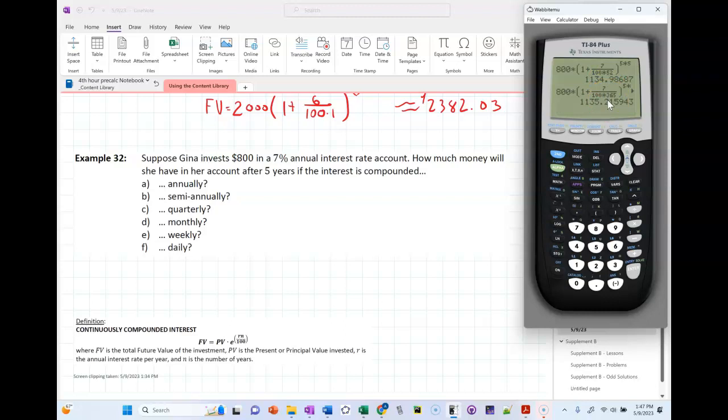Whoop-de-doo! So the point of this problem is just to illustrate that the number of compounds per year makes a difference, but it's not the thing that makes the biggest difference.